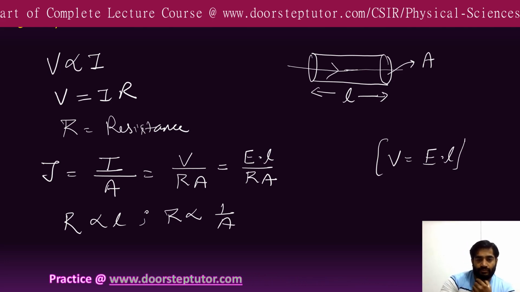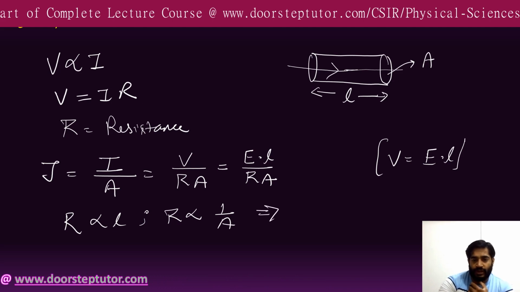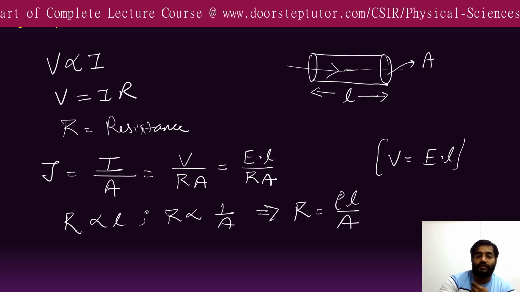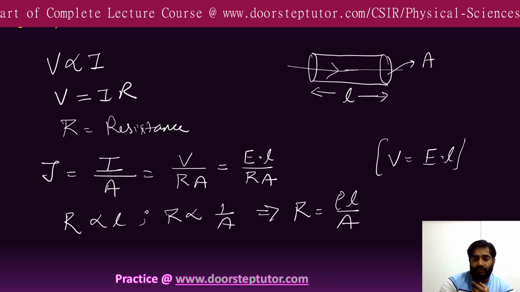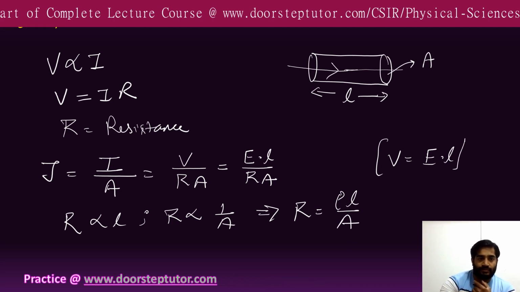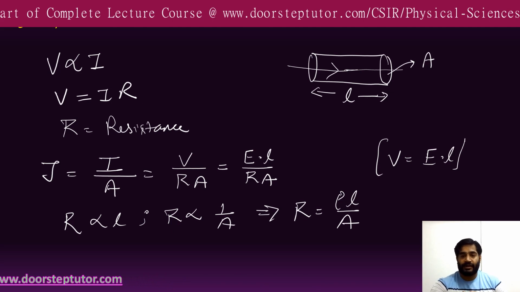So from these two equations, R is directly proportional to L by A, but as I remove the proportionality sign, it becomes R equals rho L by A. Here rho is a constant, and that is what we call conductivity. No, sorry, resistivity. That is called resistivity.